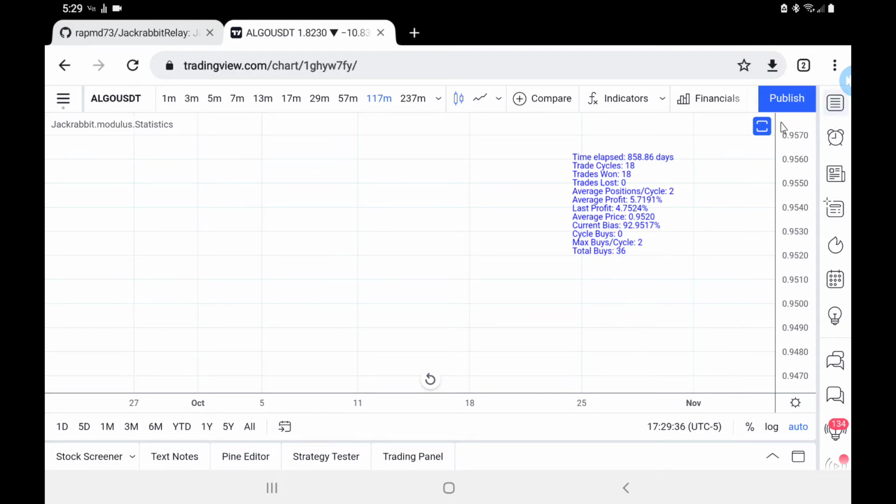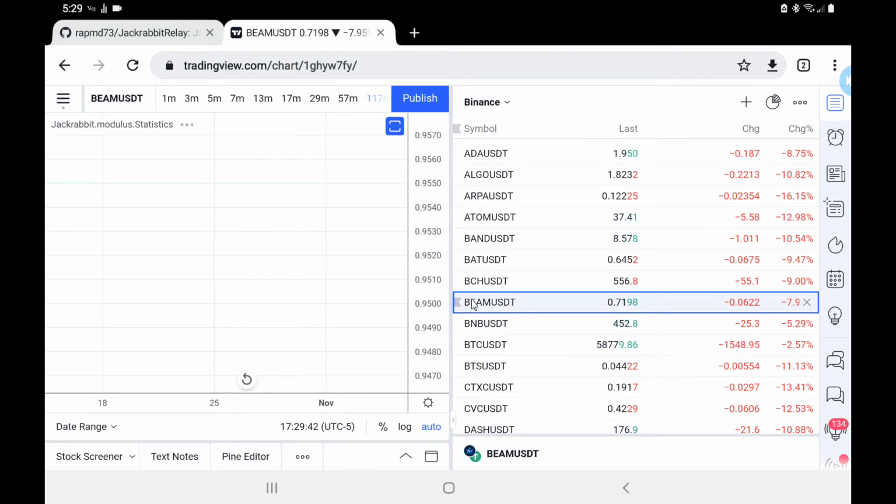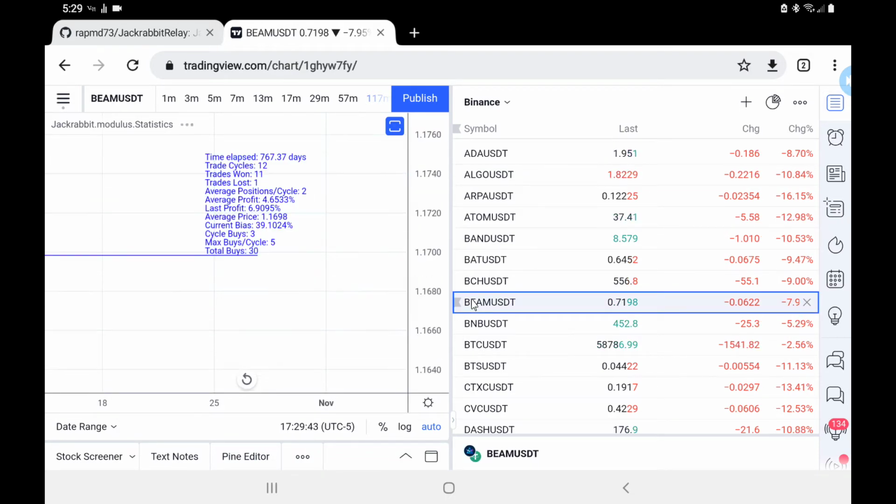So let's just go for the brutal coins right away. We all know this coin racks up the positions, and yet here it didn't. And it did very good profits.